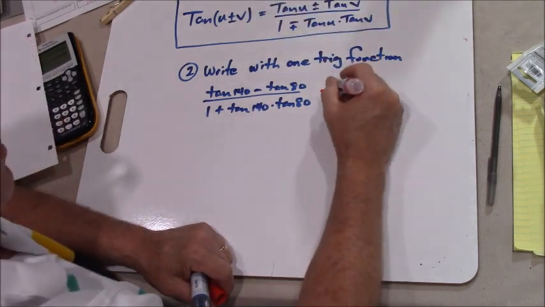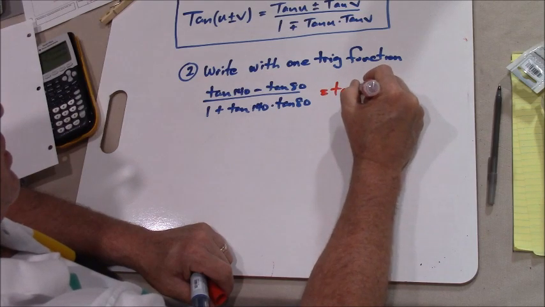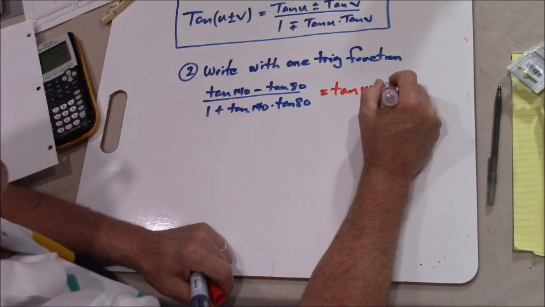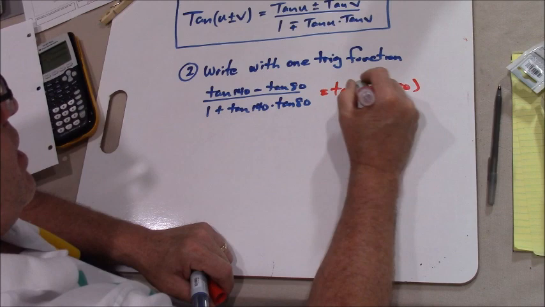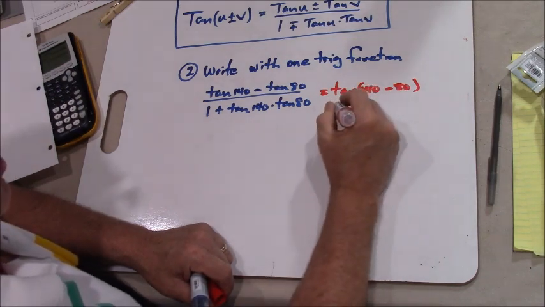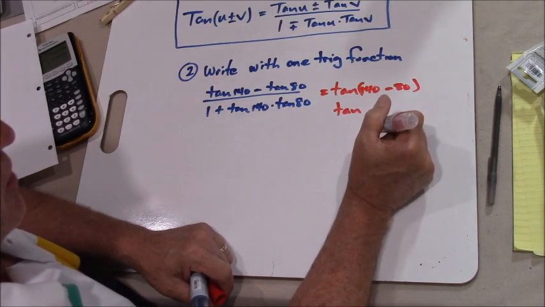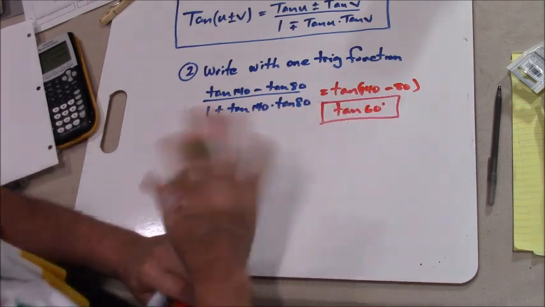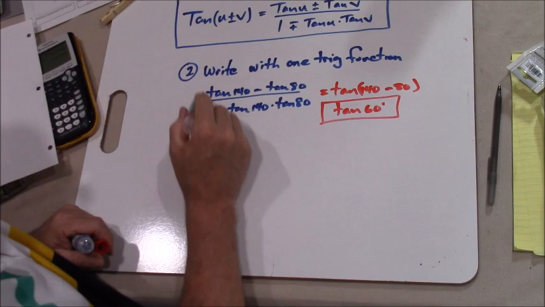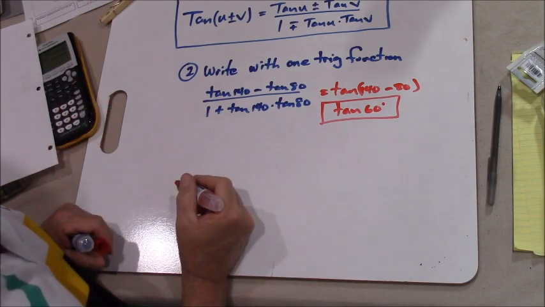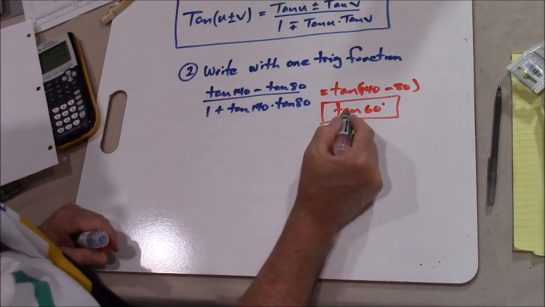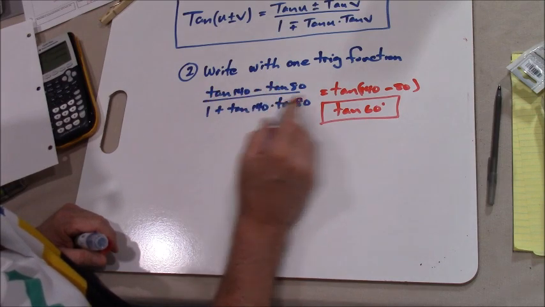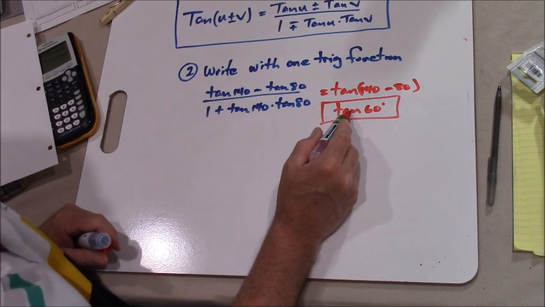So this should really just be tangent of 140 minus 80 degrees, which would be tangent of 60 degrees. They're not asking us to find the answer, they're just saying to write this using one trig function only. So there it is. Instead of having several tangents, I now have just one tangent.